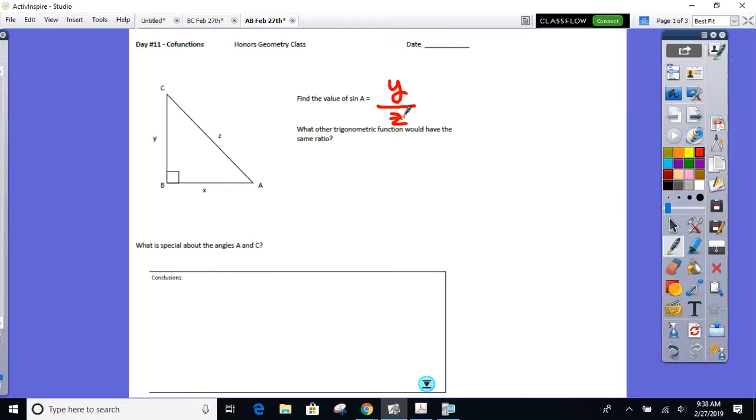Go ahead. I'll give you guys a little longer to think about this one or discuss it. Find another ratio that's going to be the same, going to be equal to y over z. When you do hypotenuse, adjacent, opposite, it also comes out to be y over z.